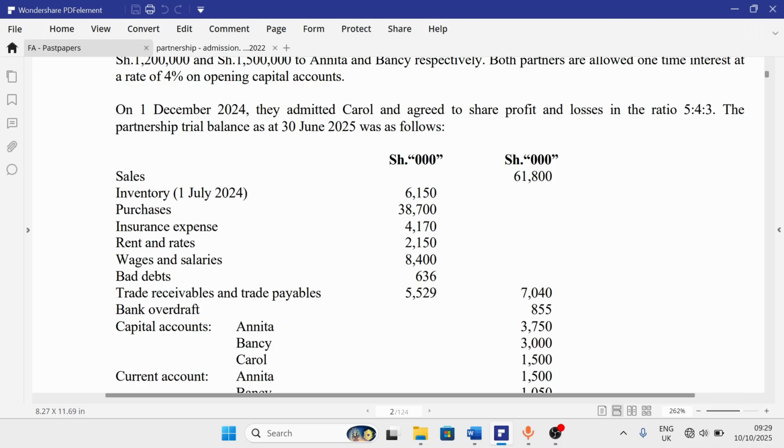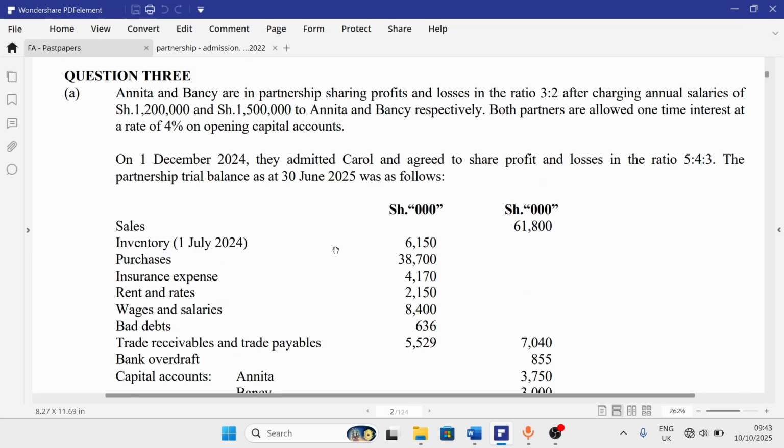So we are going to have a total of 7 months. So after the date of admission to the end of the year, we have 7 months. Which means since the time the year began up to the time Caro was admitted, we are supposed to have 5 months. Whenever a partner is admitted in between the year, we are supposed to apportion income and expenses.